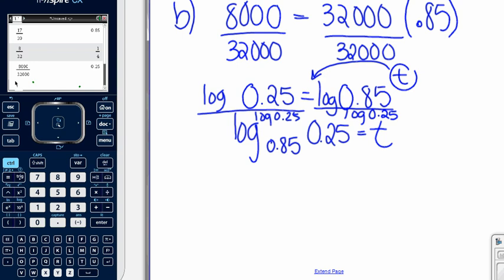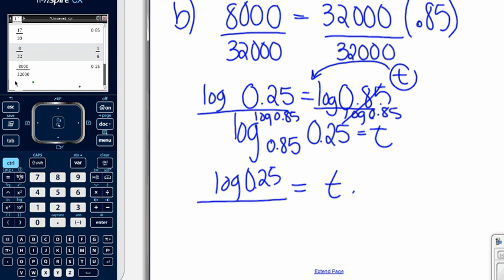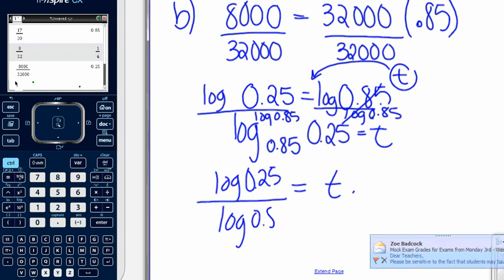Oh, sorry, actually, we want to divide by log of 0.85, because it's t that we want alone, right? So we'll have t log of 0.85, that's going to cancel. So then we'll get t alone, and that is equal to log of 0.25 over log of 0.85. And that's the same thing that we have right here in this step.